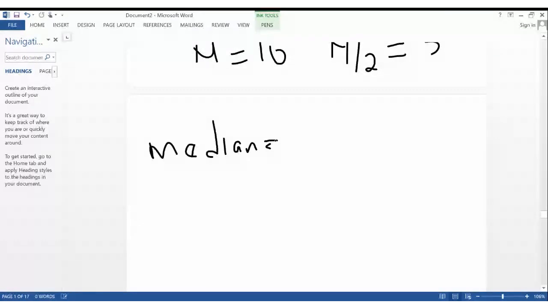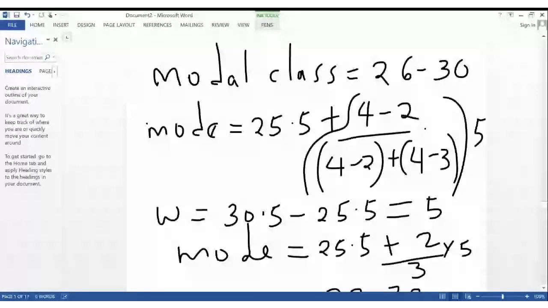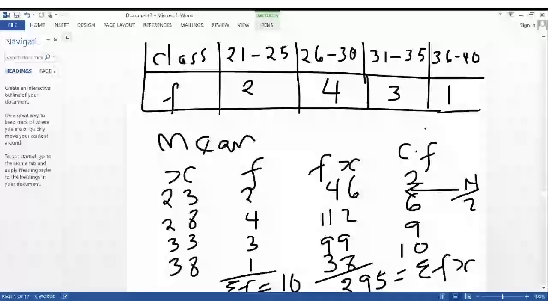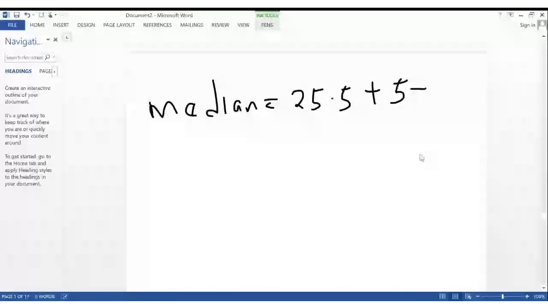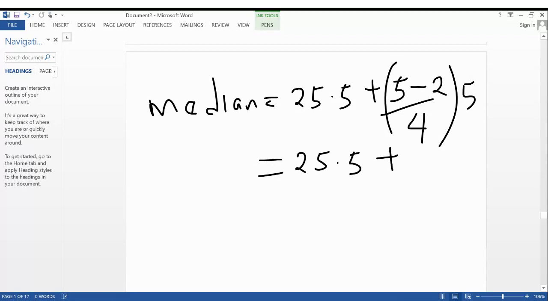plus 5, and then minus the cumulative frequency just before we reach what we wanted, n over 2. You can see it is a 2. So you subtract 2. Our class had a frequency of 4, and then we multiply with 5. Then I'm getting 25.5 plus 3 over 4 times 5.